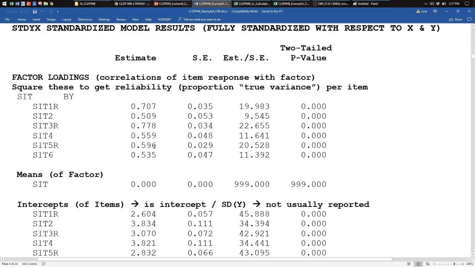So if it's really low, can we drop that item? Yes and no. We'll talk about this next time, but if the loading is non-significant, I'd say the item goes. If you're looking to reduce the size of your scale, you would do so by getting rid of the lowest loadings.